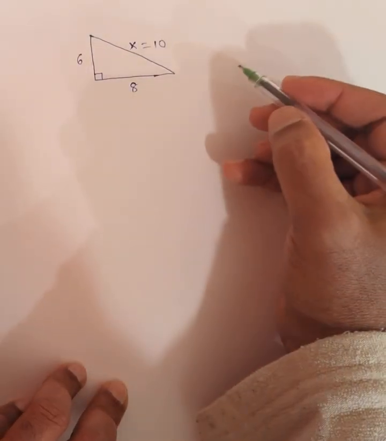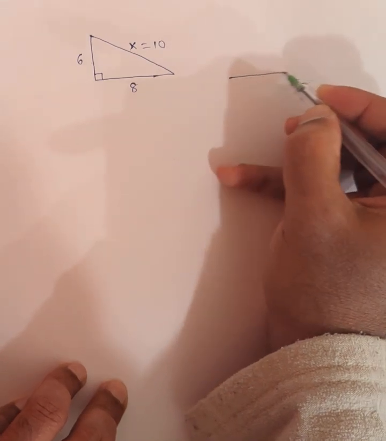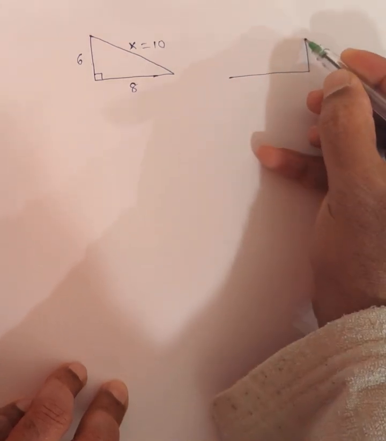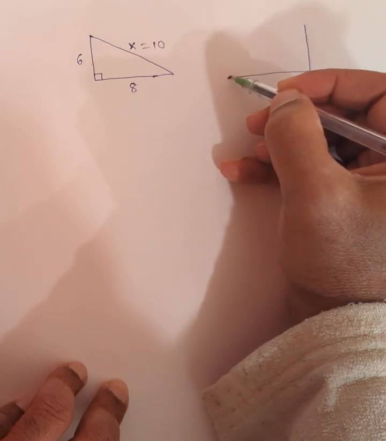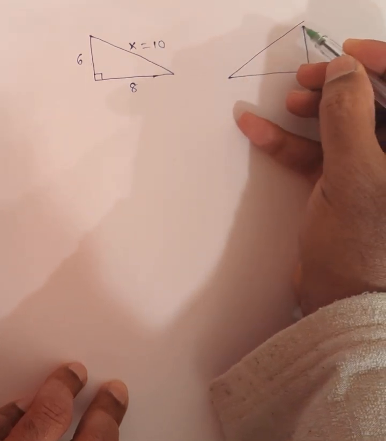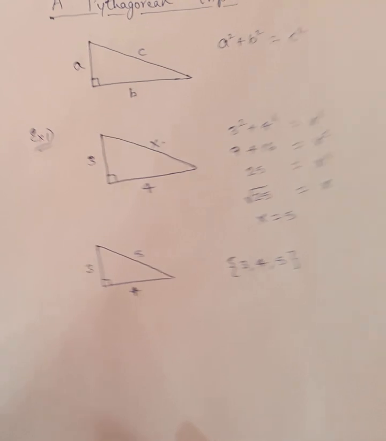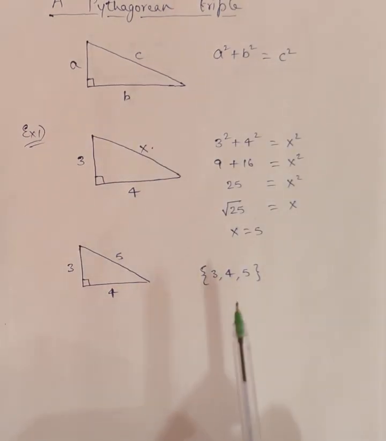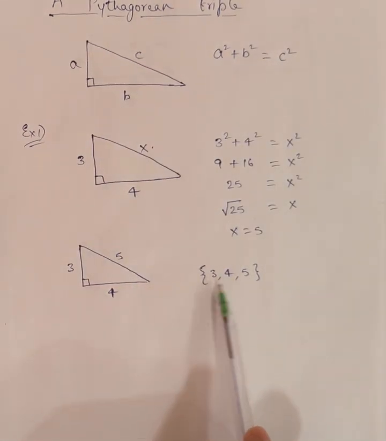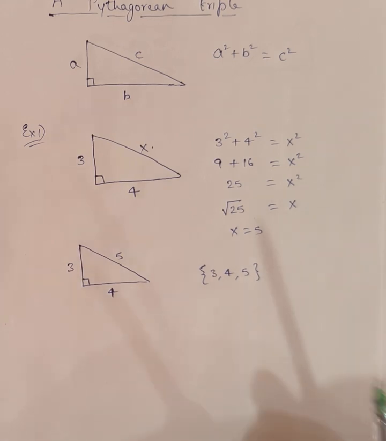So let's look at some more triangles where we can use this Pythagorean triple. Now there are several other Pythagorean triples, but the most common is 3, 4, 5, and probably that's what you're going to see on your SAT.